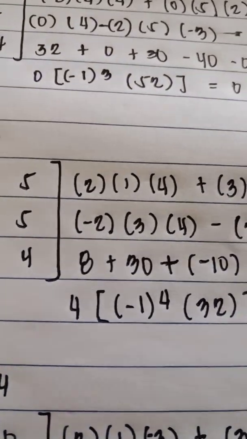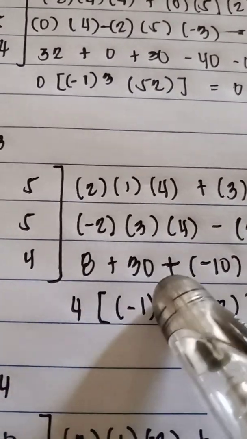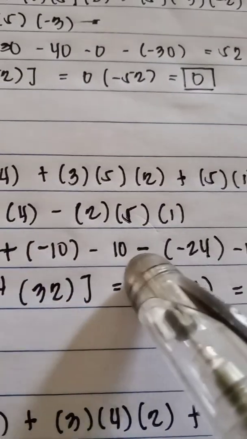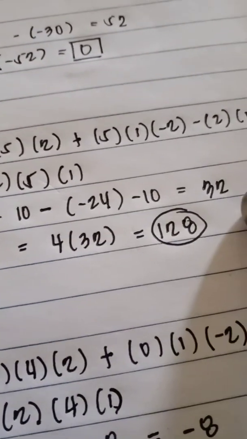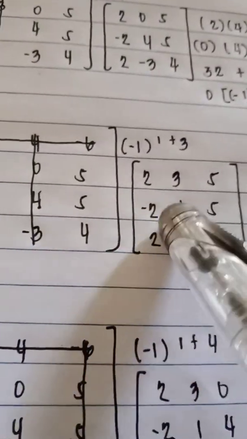So now we equate and solve. 8 plus 30 plus negative 10 minus 10 minus negative 24 minus 10 is equal to 32. So 32 is the determinant for this.